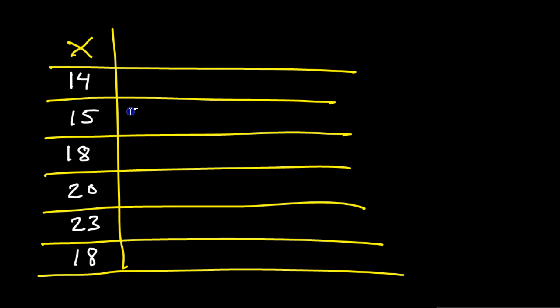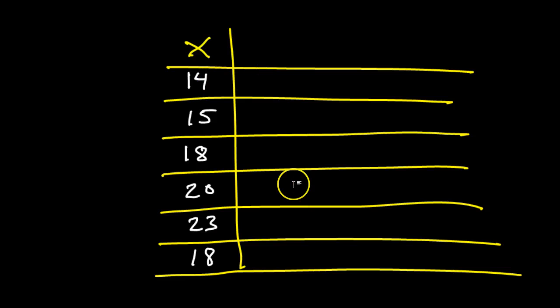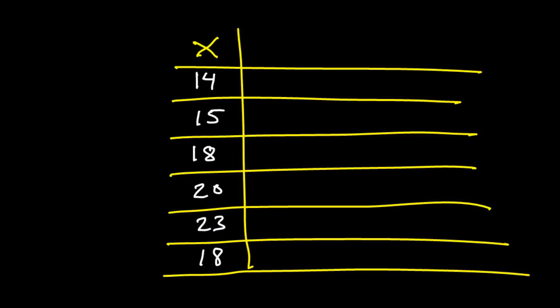So looking at the black screen, here's the data. The first thing you need to do to calculate the standard deviation by hand is know what the mean is. To find the mean of these numbers, I add them up and divide by 6.